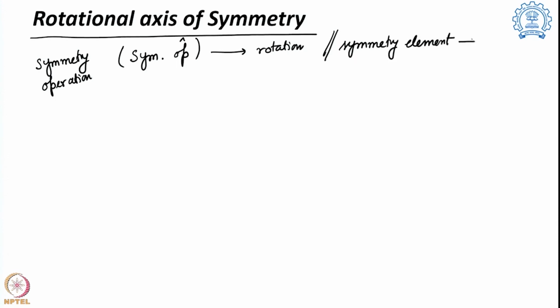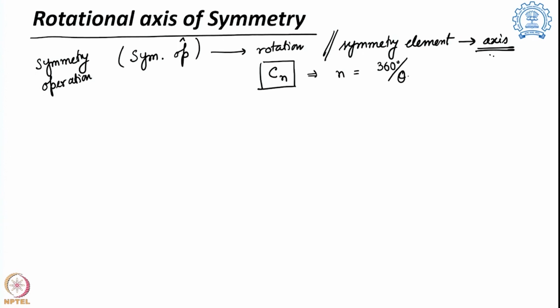The symmetry element here is an axis, and this is defined as Cn. That is how it is defined: a rotational axis of symmetry around an axis, and this n is defined by how many degrees I am rotating for a particular operation.